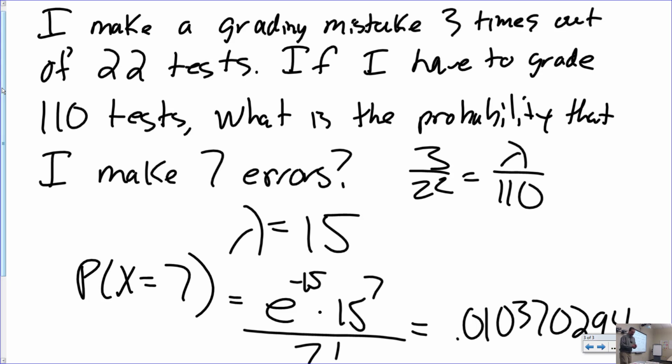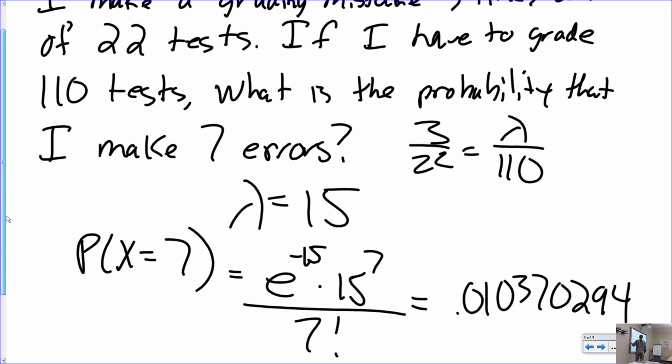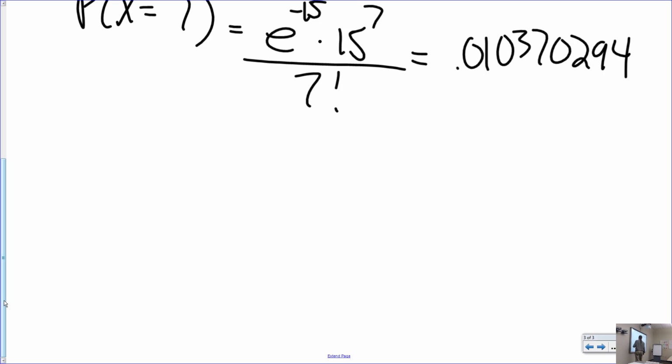What do these look like when you graph them? Like, it's a distribution, so you should be able to get some kind of graph out of it. Yes, you should. When I use the chance of getting 15 errors, it's like 10%.